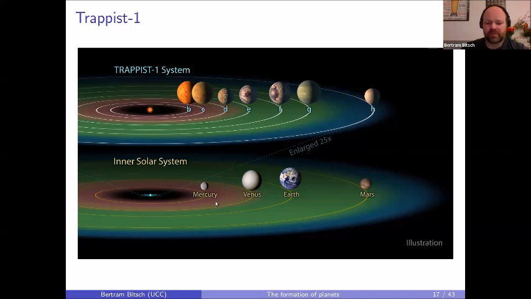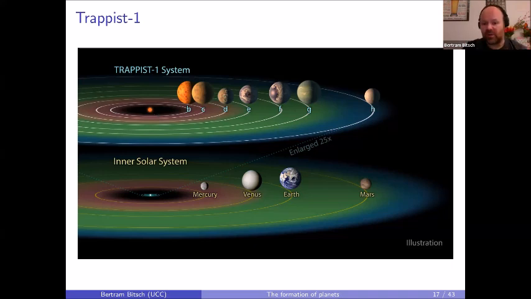Now in this plot, we have also these 3 different colors indicated in the bottom, and they correspond to the region where we could have liquid water, right? We know we have liquid water on Earth. We also know that there was liquid water on Mars in the past. So this corresponds to this green region. Now, as I said, this Trappist-1 system orbits a much smaller star that is much less luminous and therefore emits less energy.